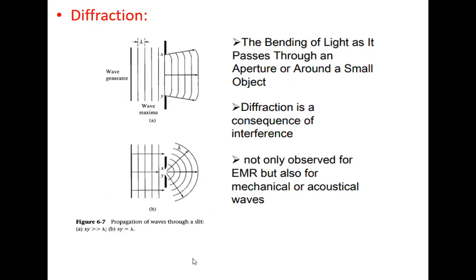This is a wave generator, generates a wave that has energy, it can be whatever kind of wave, but we are talking about electromagnetic radiation. Notice this wave is parallel, with a wavelength lambda that is shown here. It comes to a barrier here. You see X and Y. It has an aperture there, an opening.